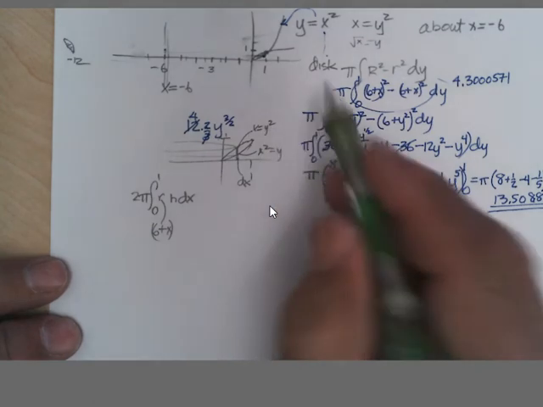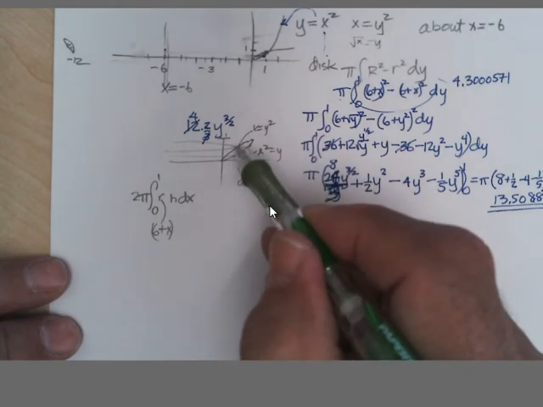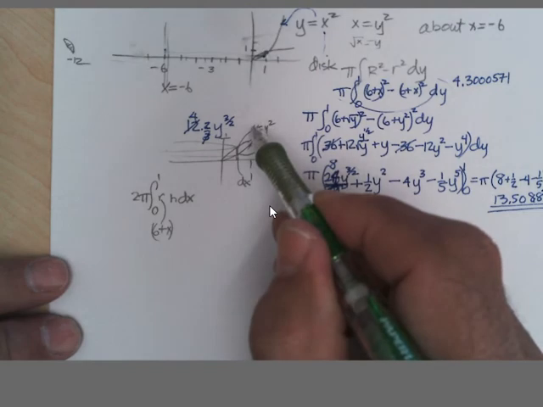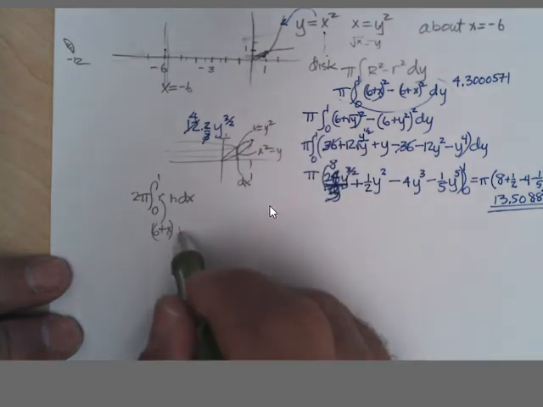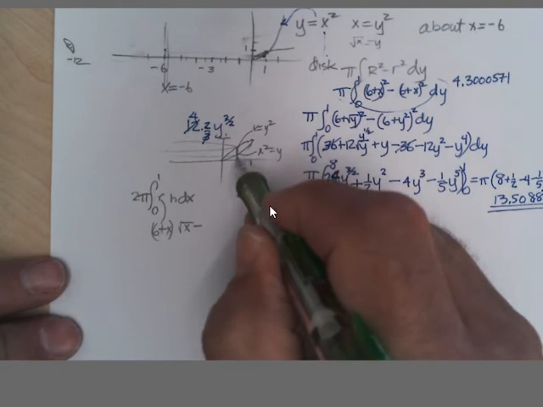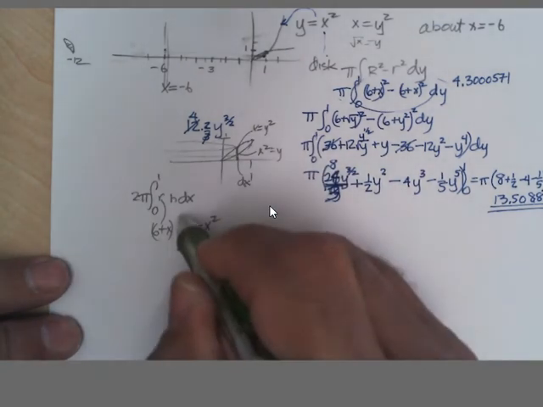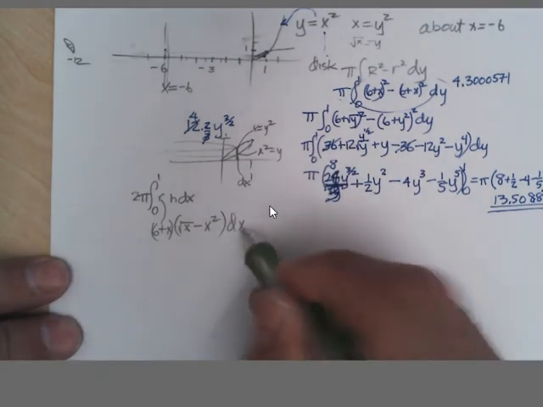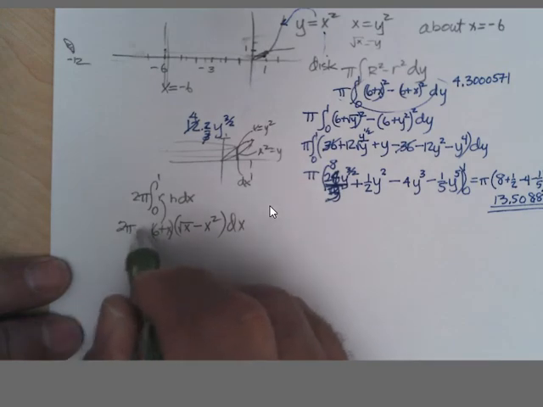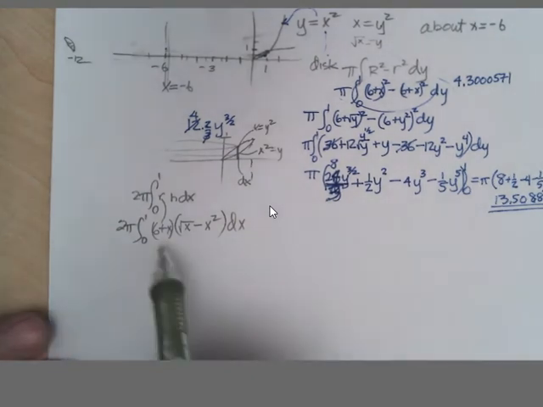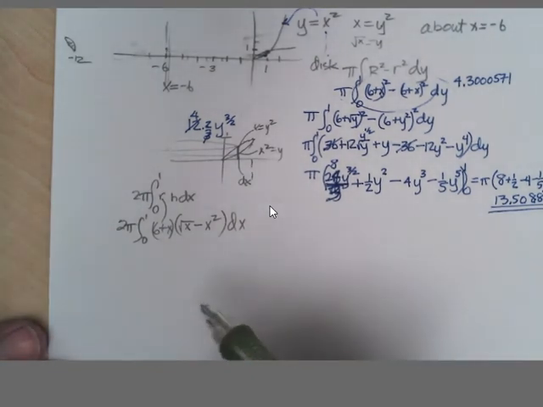So the bigger height is y, which is the square root of x, minus the height of the lower one, which is x squared. Okay? So, again, not really pretty, but not bad.